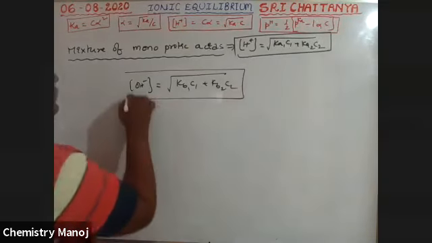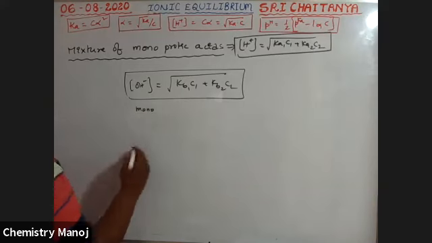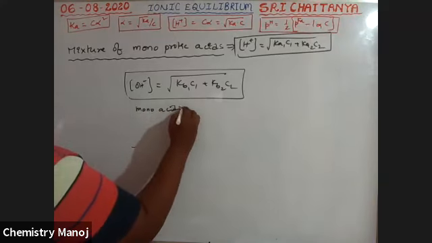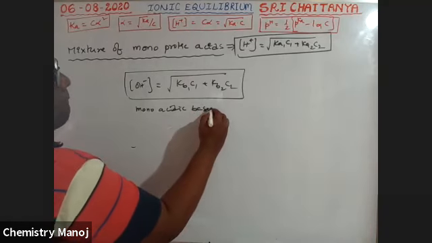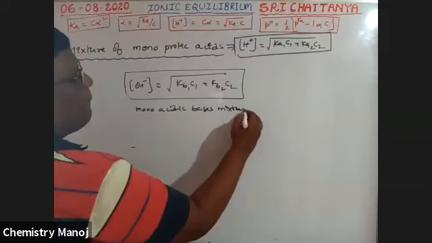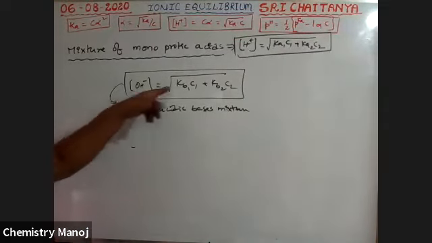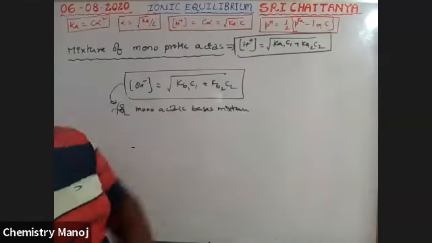So this is for a mixture of monoacidic bases. For monoacidic base mixtures, OH minus concentration is this one, and H plus ion concentration is this one.